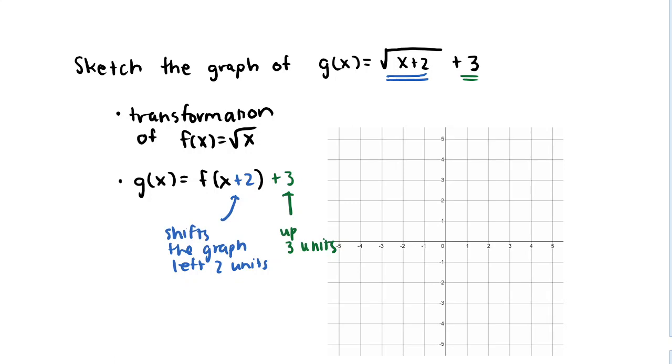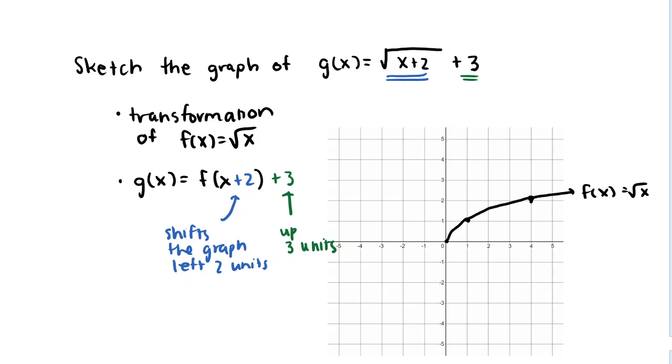And so the graph of f of x is equal to the square root of x, here I have the point 0, 0, the point 1, 1, the point 4, 2. The graph of the square root of x looks something like this. And so g of x, if it's a shift left and a shift up, all the points that we see on that f of x graph are going to be shifted 2 units to the left and 3 units up.